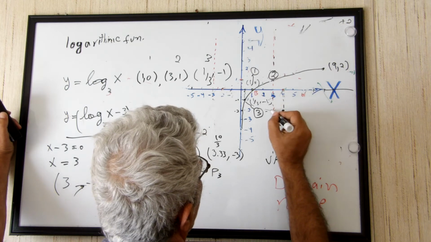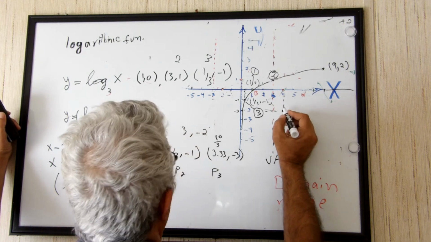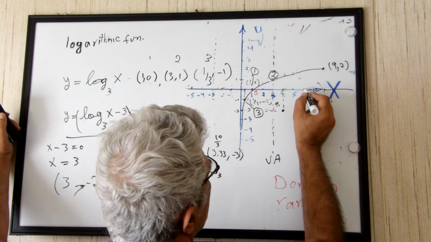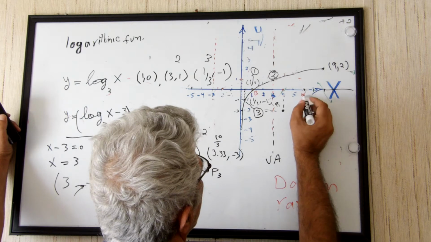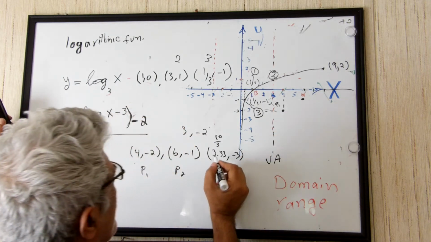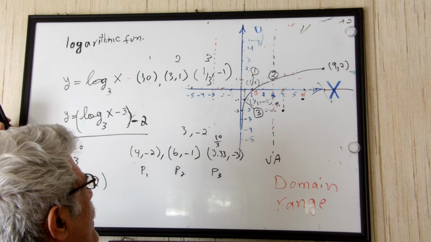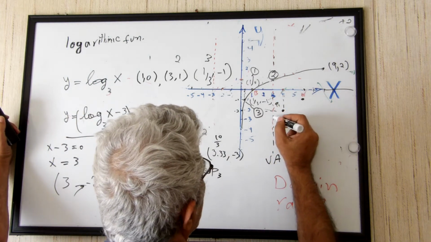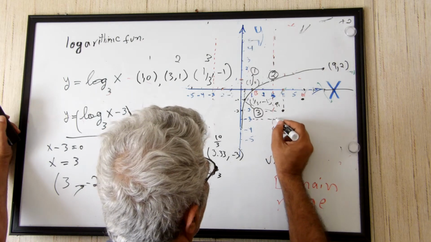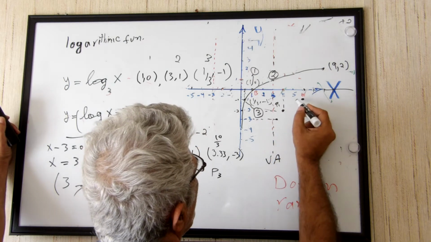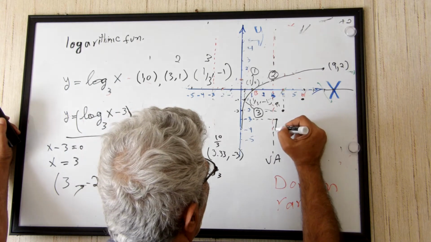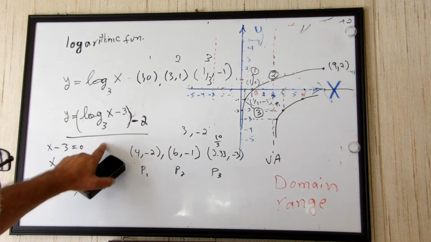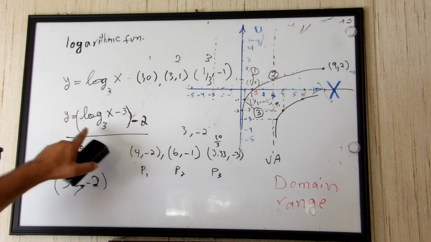The point is going to be here, okay? P1. And then 6, minus 1: 6 here, and minus 1 is going to be here. And then 10 over 3, 3.33 is going to be here, and minus 1 is going to be here. So you connect these points, and that's the graph of this function.